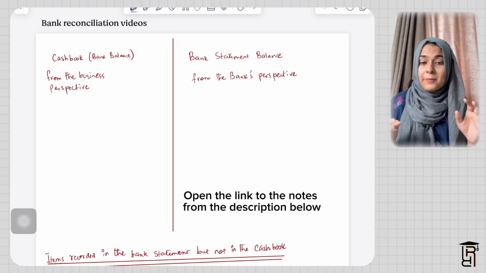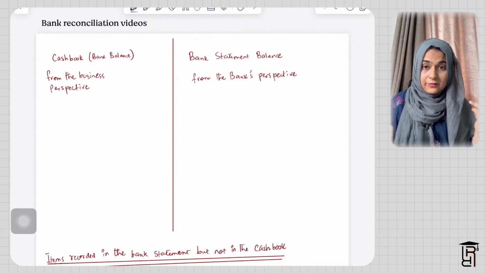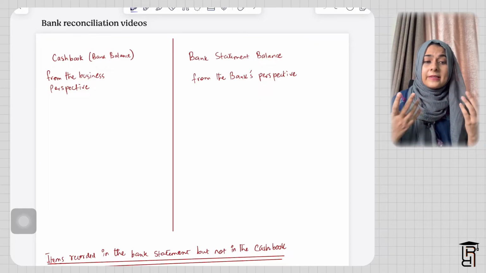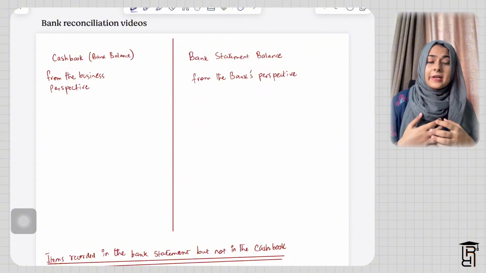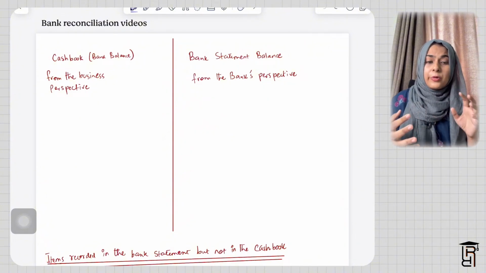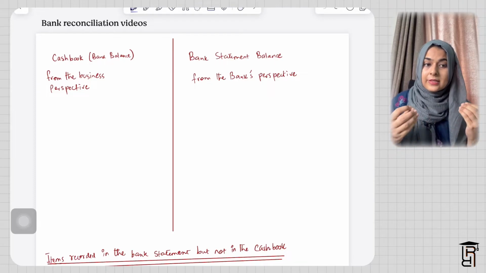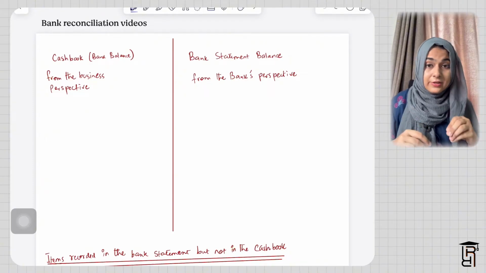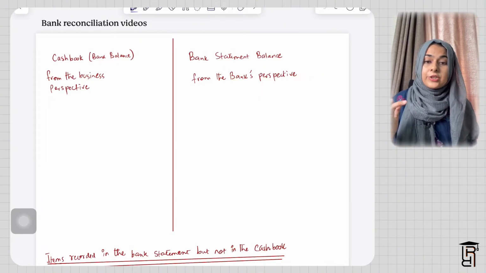I'll get a message from my bank saying that this much amount has been deducted. And if there's some incoming money in my account, that is also told to me through a message. That is why we don't need bank reconciliation statements these days, because it is a topic from the time when we did not have any messages.